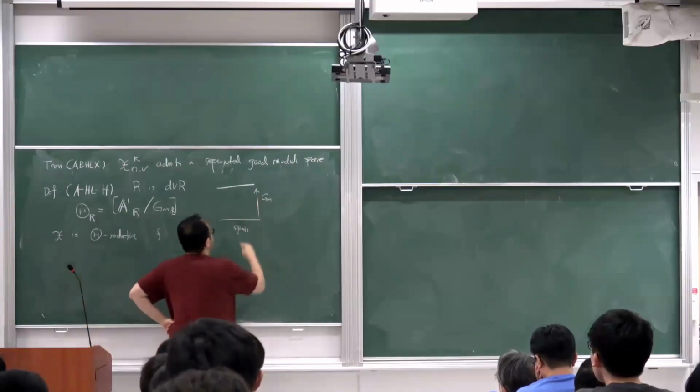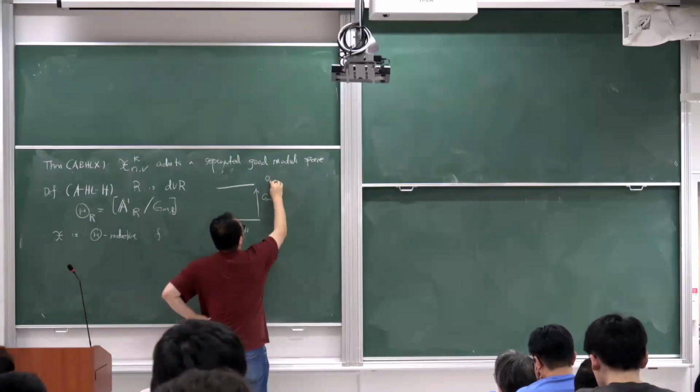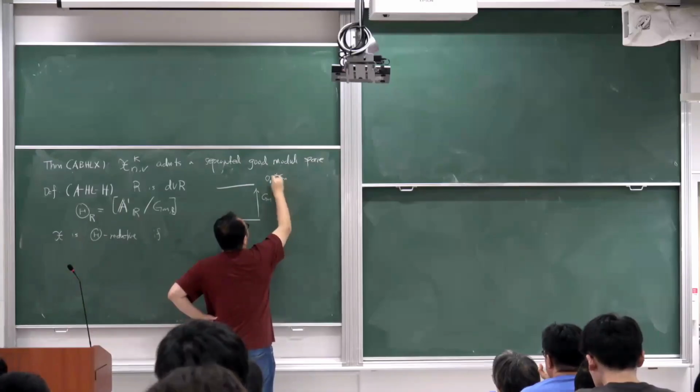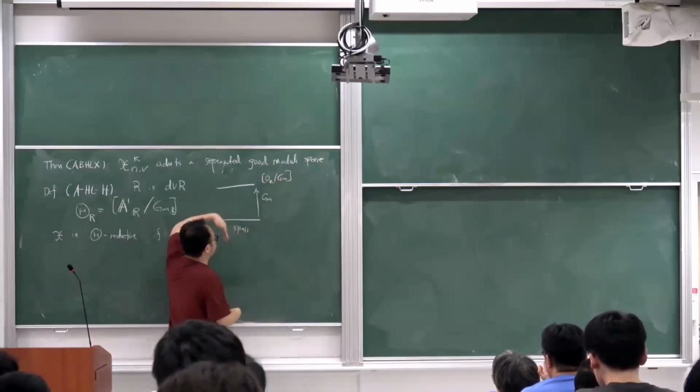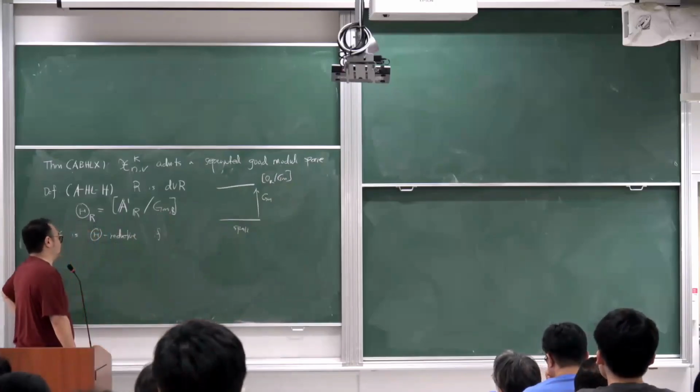If you look at this stack, there's one point which is 0 over the residue field K, and this is the gerbe BG_m. You see about this action, 0 is the fixed point, the unique fixed closed point.